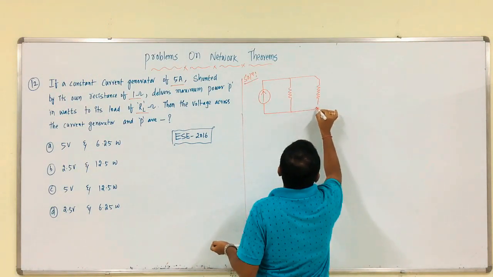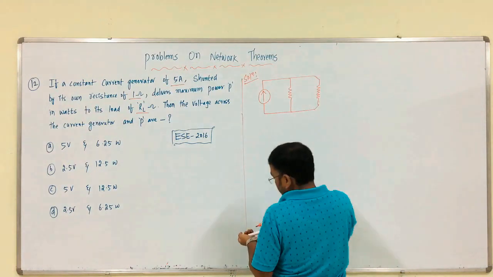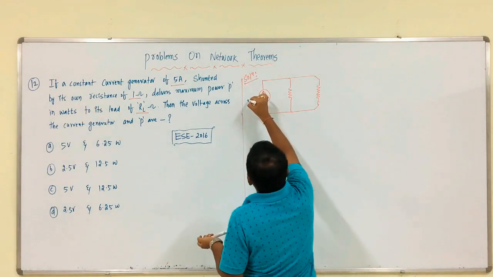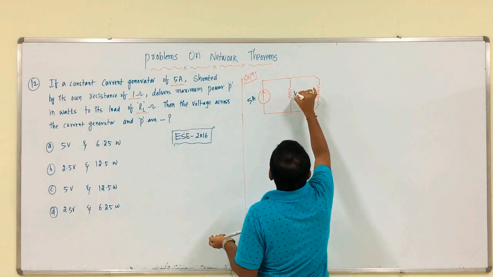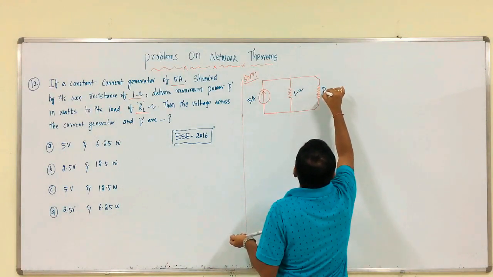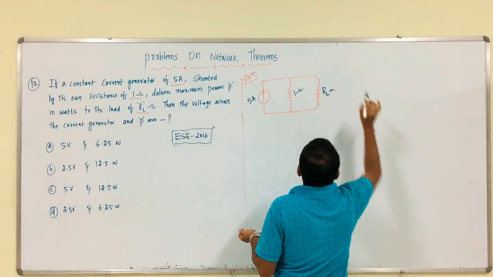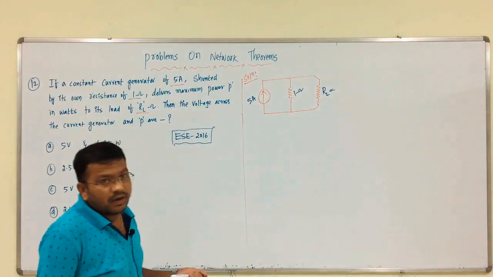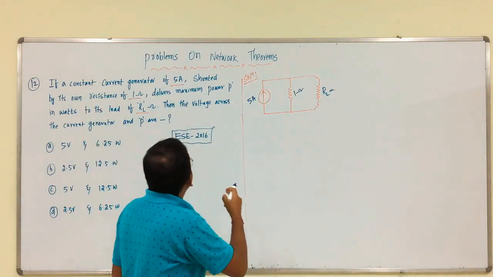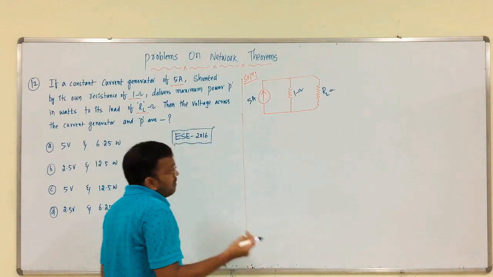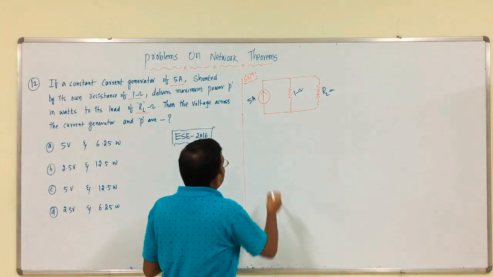We have this branch, this is 5, this is 1, this is RL, we do not know RL, but see, we have to get the maximum power, means what?